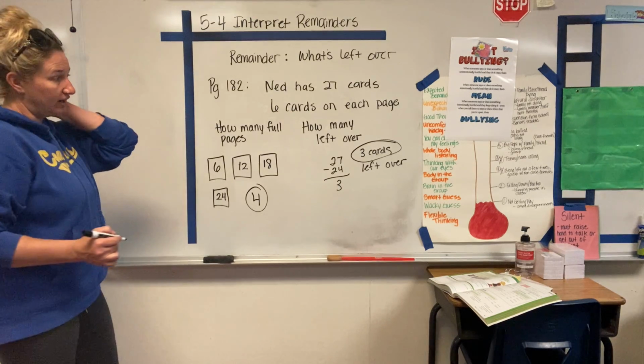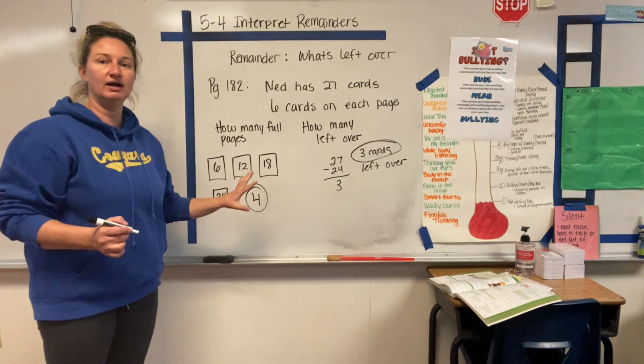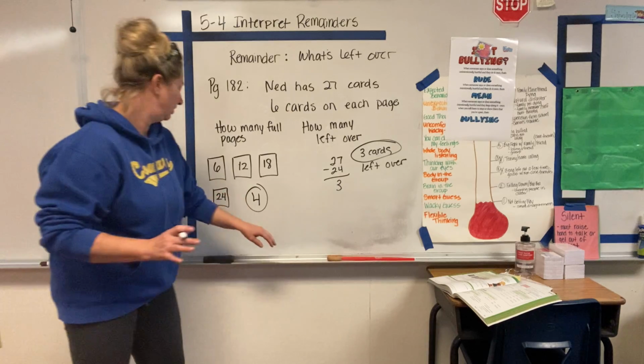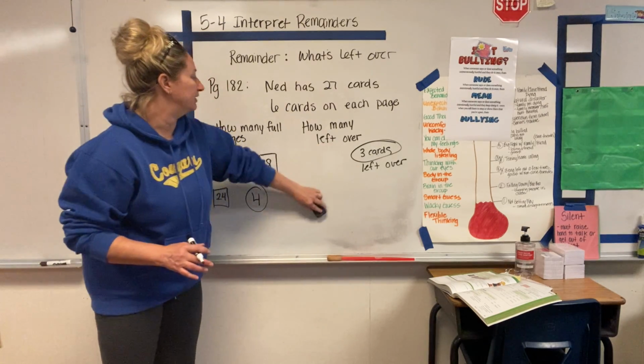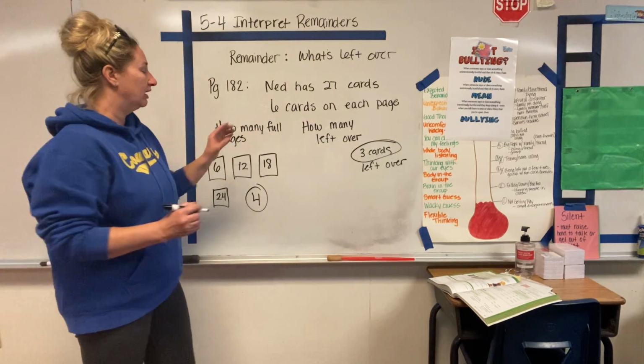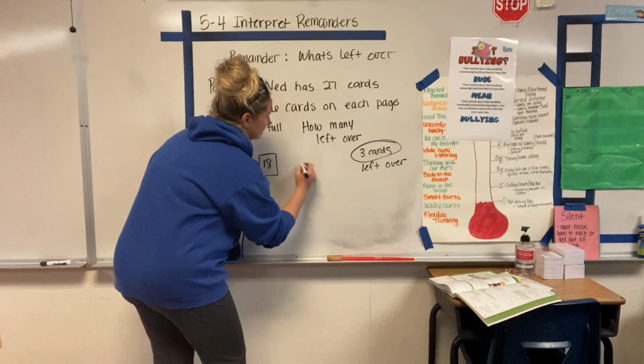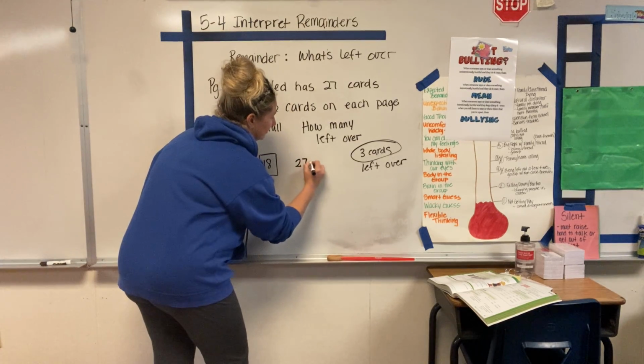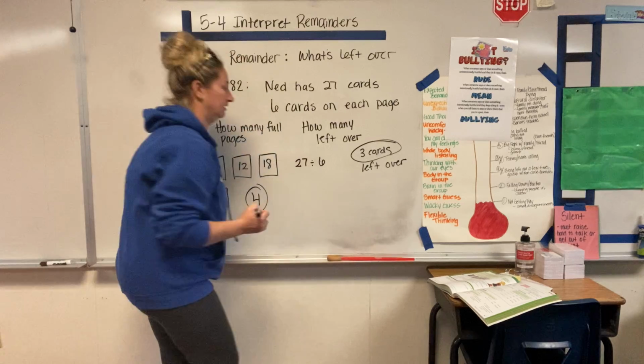Okay, so now the way that you would write that as an actual division problem, I'm going to erase that. I would write it as 27 divided by 6.